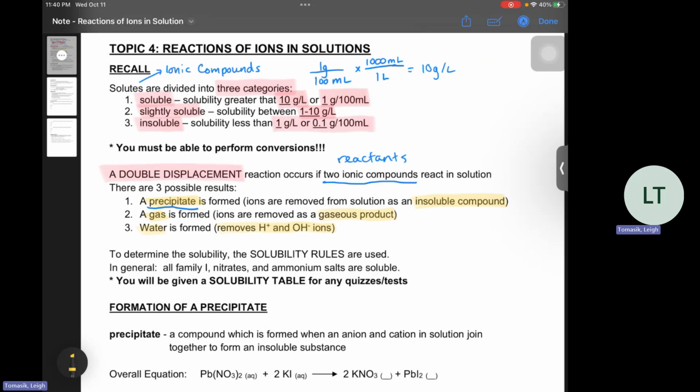solubility rules are used. In general, all family 1 nitrates and ammonium salts are soluble.